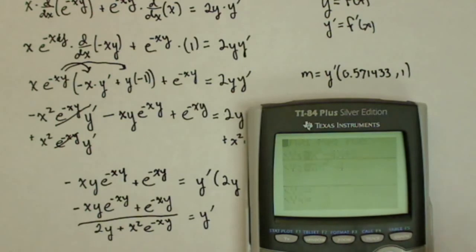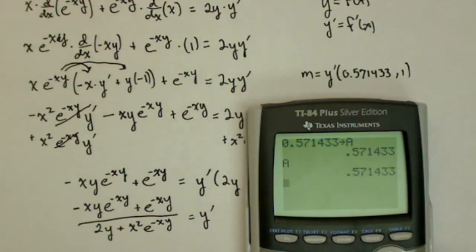So what I'll do is I am going to use one of my letters, perhaps A, and I'm going to store 0.571433 so I don't have to type it every time. My apologies. Store that for A. Because now anytime I bring up A, it's going to have that number in there, so I don't have to keep typing it.